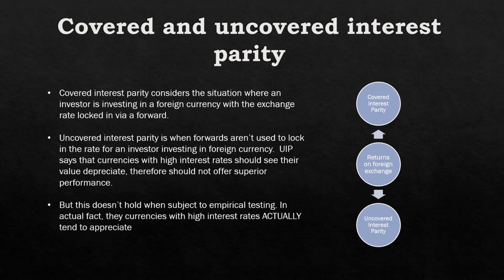So a lot of Forex is traded around the country, definitely more than goods and services. There are two things that economists talk about: the covered interest parity, which is when a forward is used, and the uncovered interest parity, when there's no forward use.